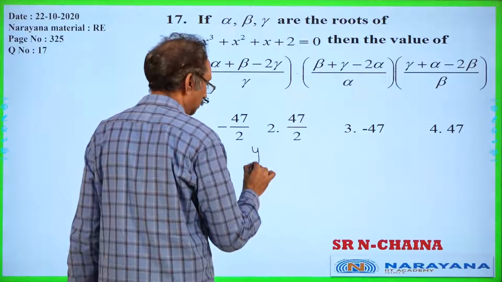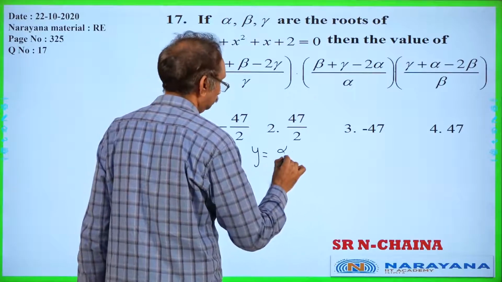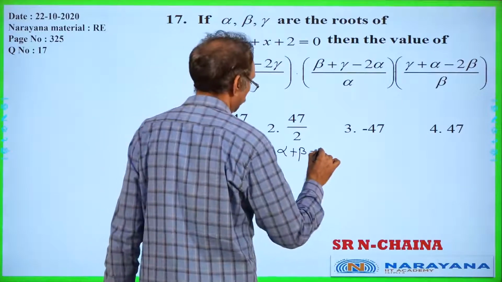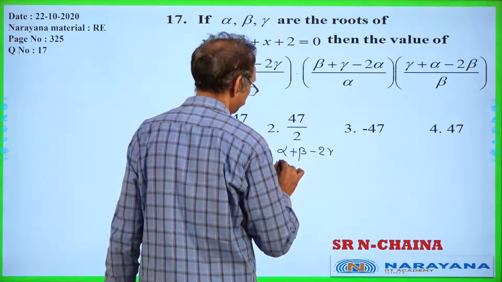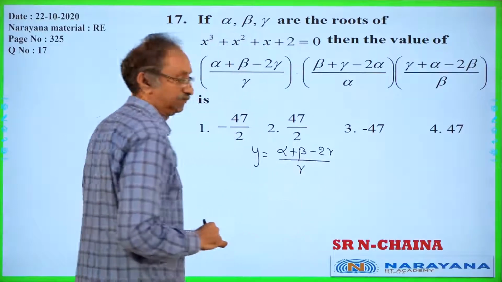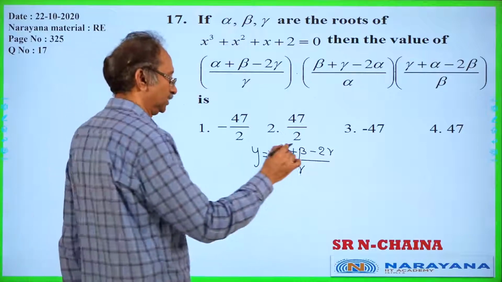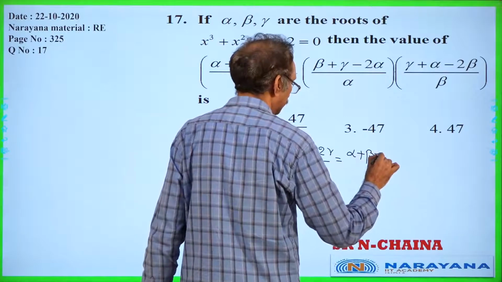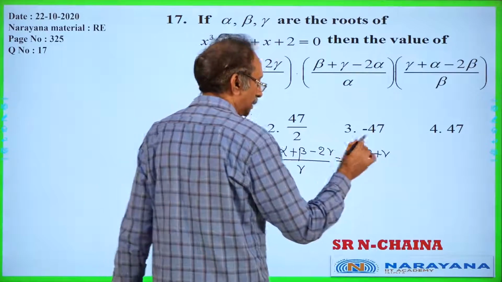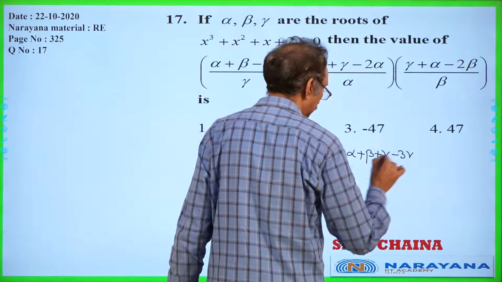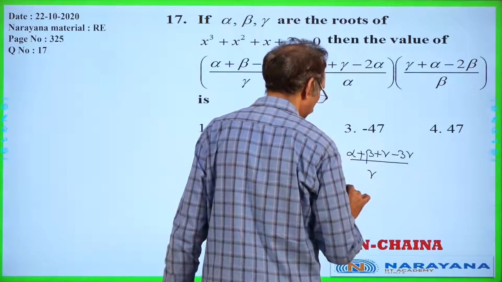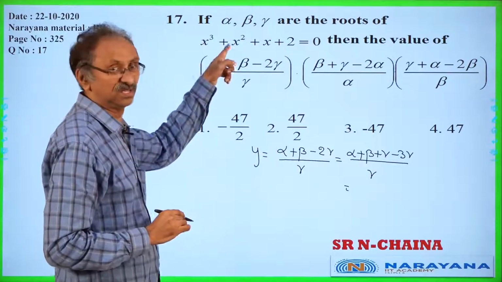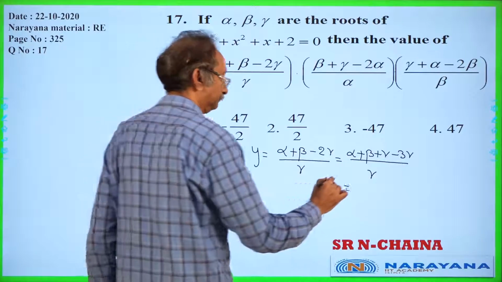So take y is equal to alpha plus beta minus 2 gamma by gamma. Right? So this is equal to alpha plus beta plus gamma minus 3 gamma by gamma. And now what is alpha plus beta plus gamma? Sum of the roots, that is minus 1.